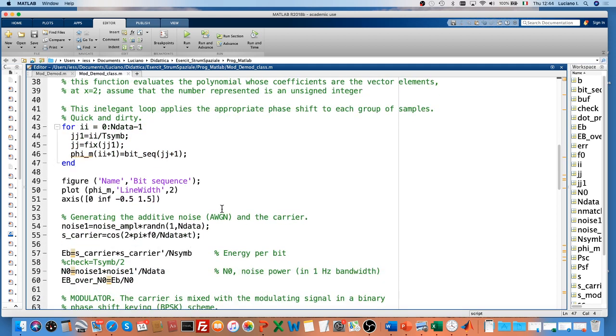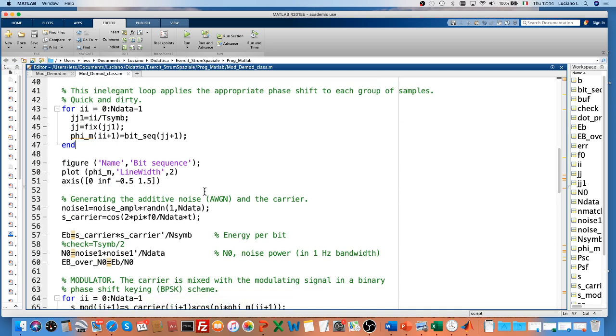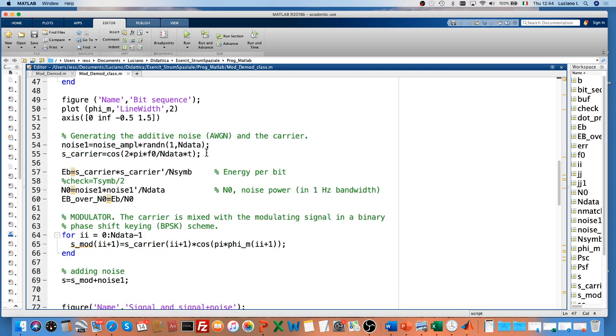And let us move on. This is a figure, we will see the figure. This is the sequence of bits. Then I generate the noise, and you see I use the function randn. n stands for normal. This is a function which generates a sequence of n data randomly distributed with unit variance.